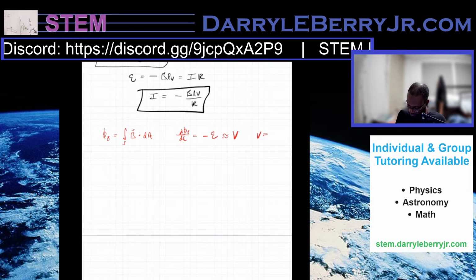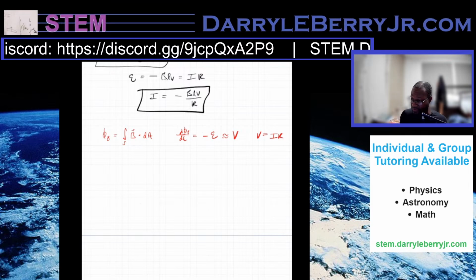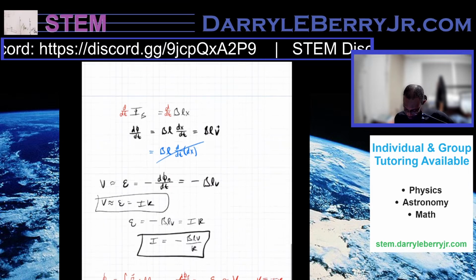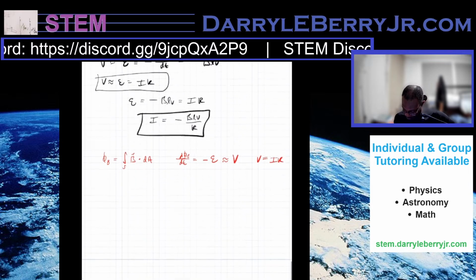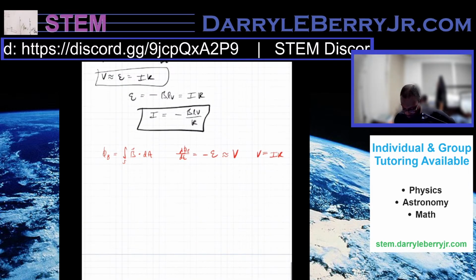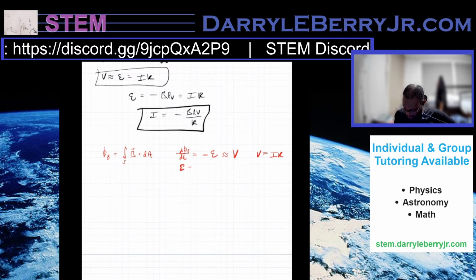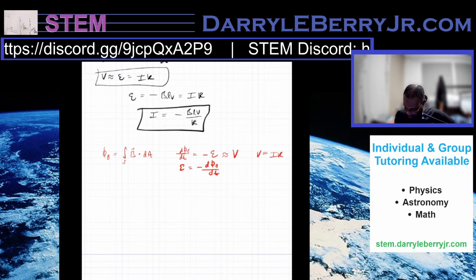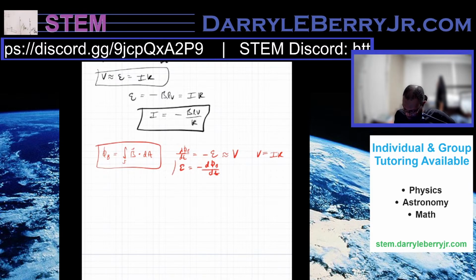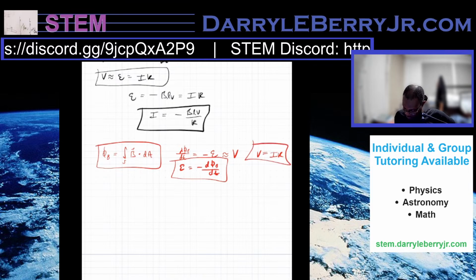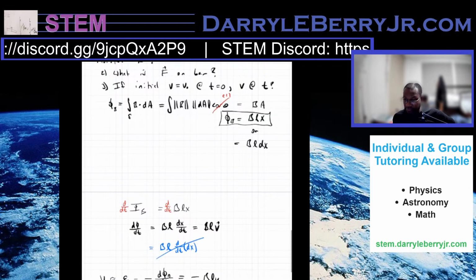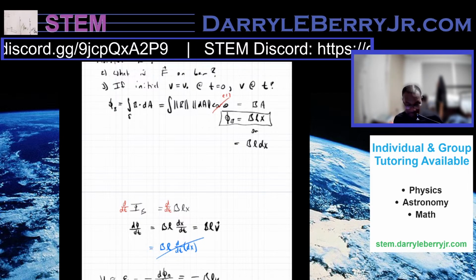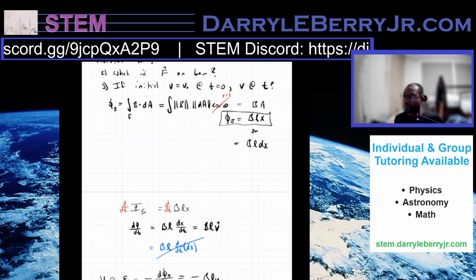We use that voltage is the current times resistance. And the official way of writing this one is negative. All right. It's easy enough. And I wonder if these three are going to be on our formula sheet.